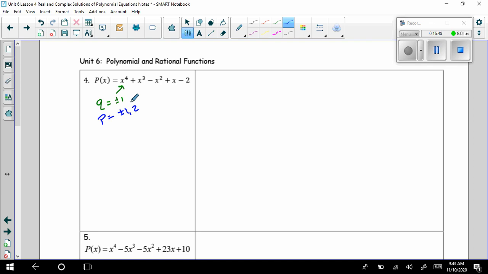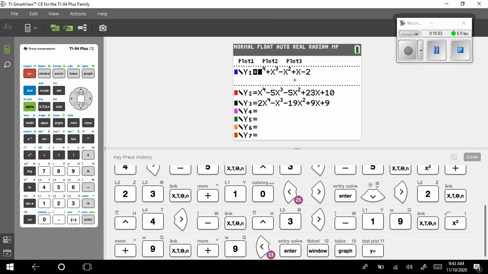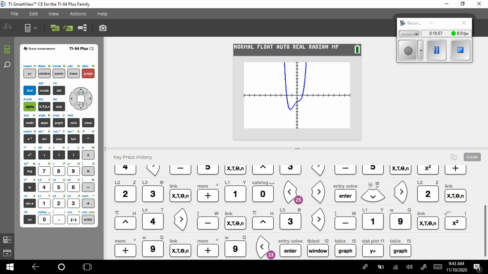All right. Well, if you look at your graphing calculator and type this in, and I've typed in the rest of them from the notes, but I'm just graphing this first one here, then you can see this one crosses at both -2 and at +1. And so those are both zeros for this function.